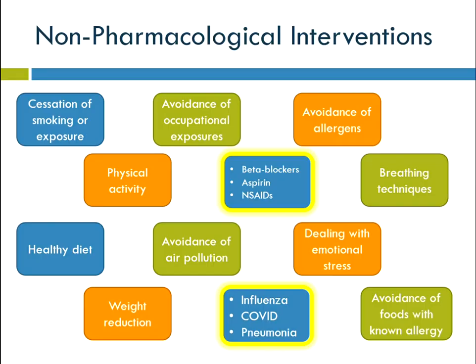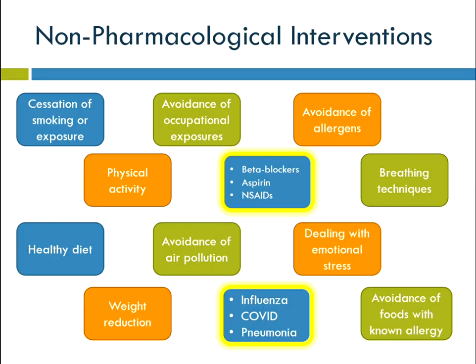Is it because of tachyphylaxis? It's because of reverse feedback. You know what I'm talking about? Too much of it, and your body tries to compensate, and it actually makes it worse. It's called paradoxical bronchospasm. Okay? So too much of the beta agonist is actually going to worsen it.